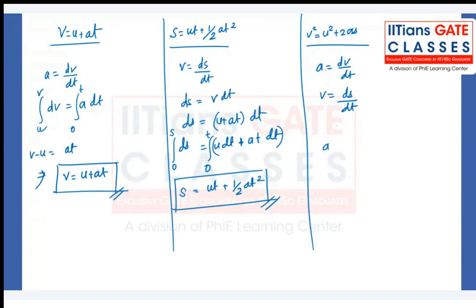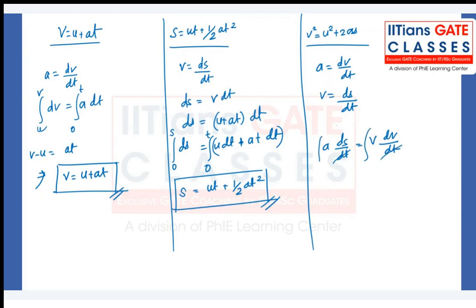So a times ds by dt is equal to dv by dt into ds by dt, or let's say v times dv by dt. That is also correct. So you can cancel out dt and just integrate with respect to ds.